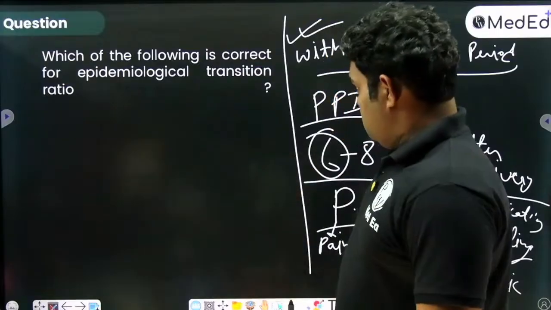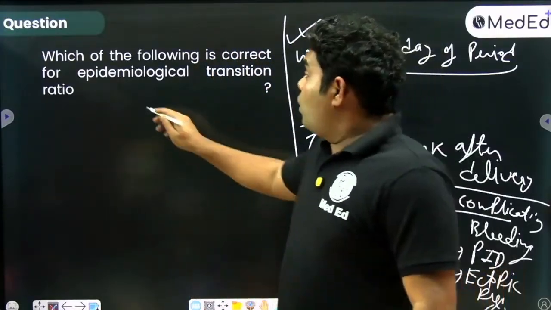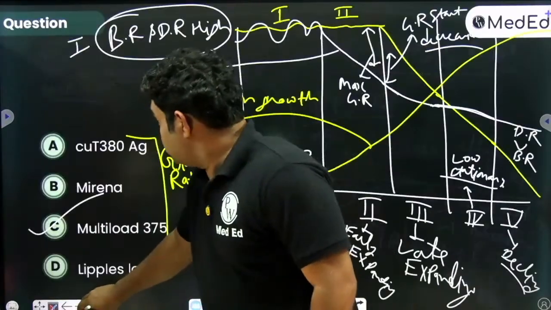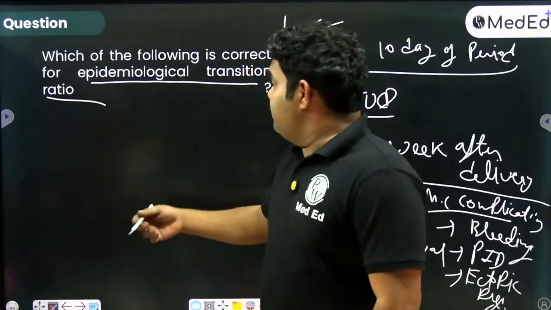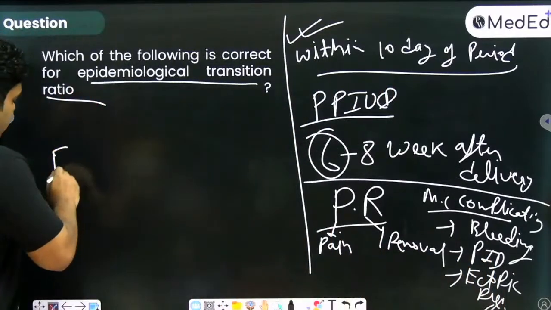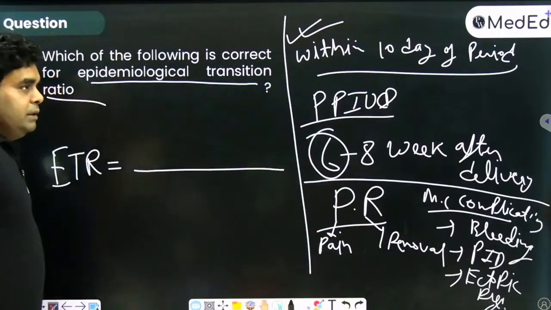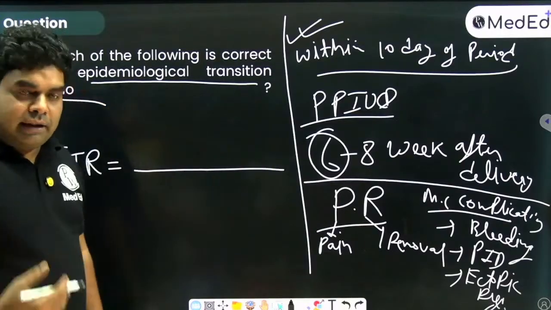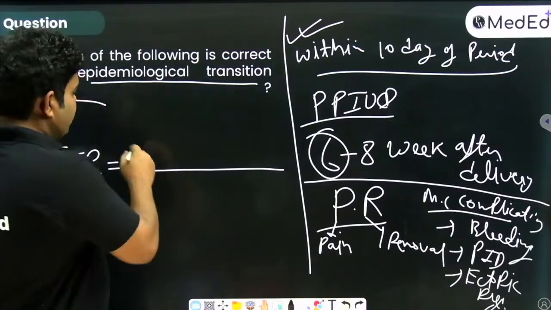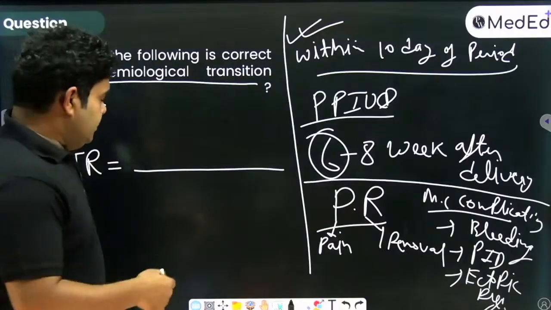Now let's come to the next question. This is a question which very few of us know. What is the epidemiological transition ratio? So we have done this. In the epidemiological transition ratio, we are writing the deaths or the cases, mainly the deaths due to CMNND.